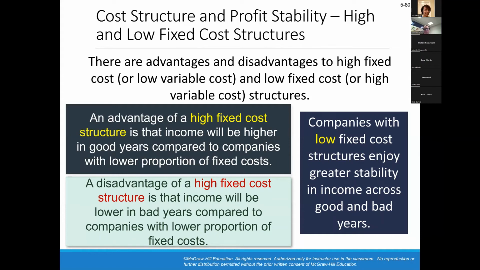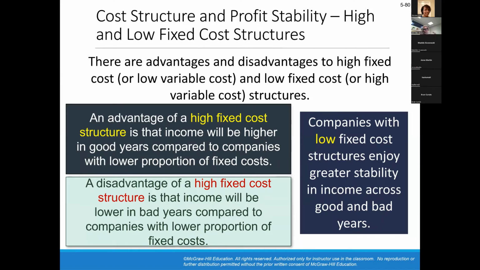And so companies with the low fixed cost structure enjoy greater stability in income across good and bad years. That's because when you move some of those costs into the variable cost, that variable cost fluctuates with the number of units that you're selling. If you're selling more units or fewer units, that number is being affected because it's per unit.